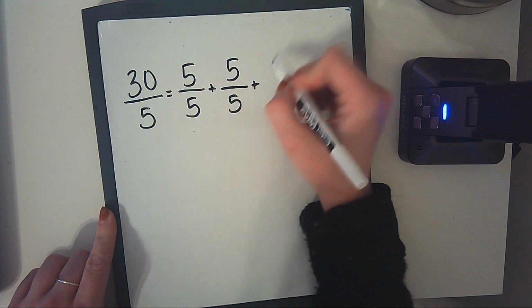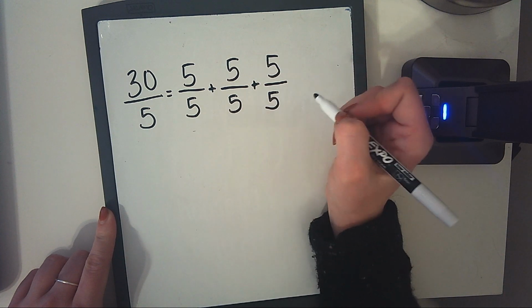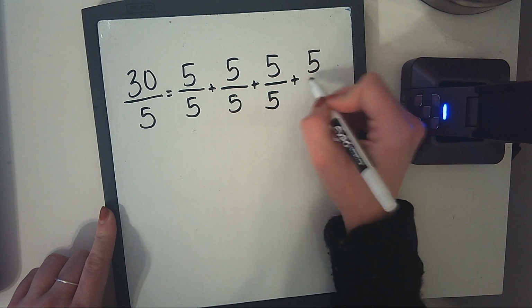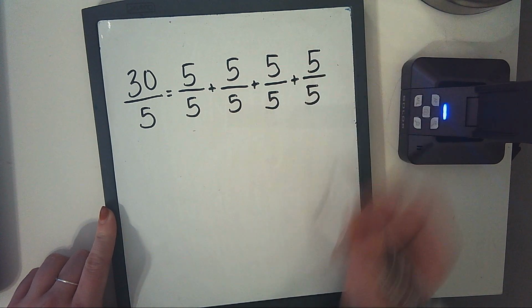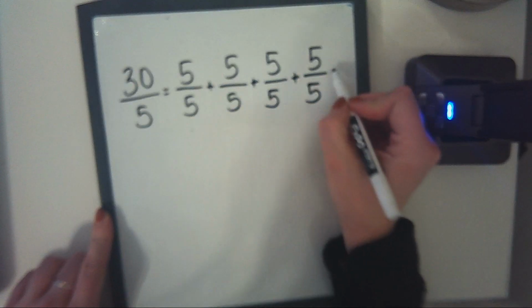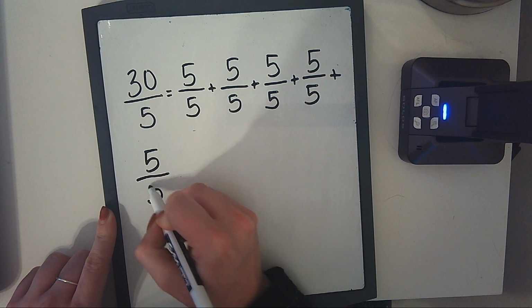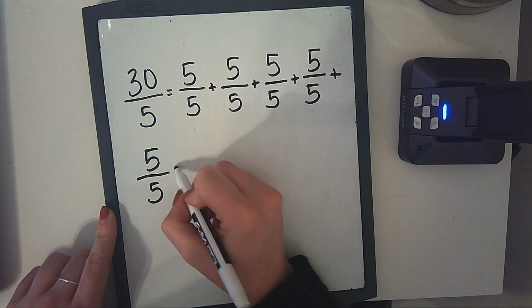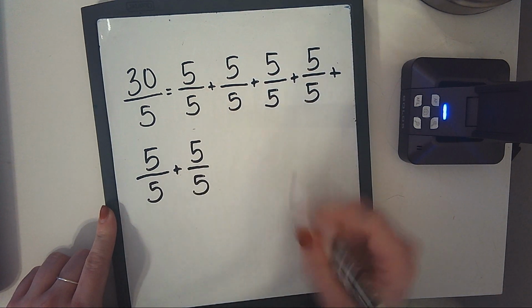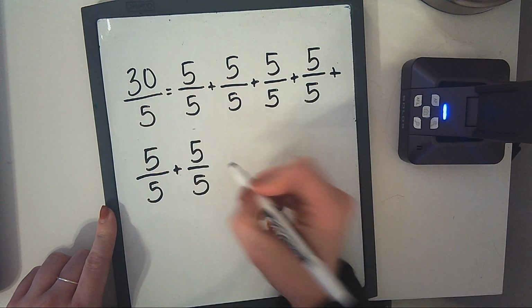I can still count on. Another 5 would give me 15, plus another 5/5 would give me 20, so I can still keep adding. Plus another 5/5 would give me 25, plus another 5/5 would give me 30. 5, 10, 15, 20, 25, 30.